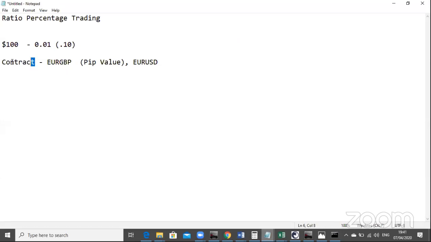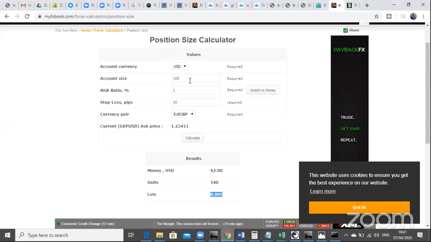So, contract, guys, contract. If I said we don't need to know the value of all of this, that is why it is so important that before you go into any trade, you use what is called the position size calculator.